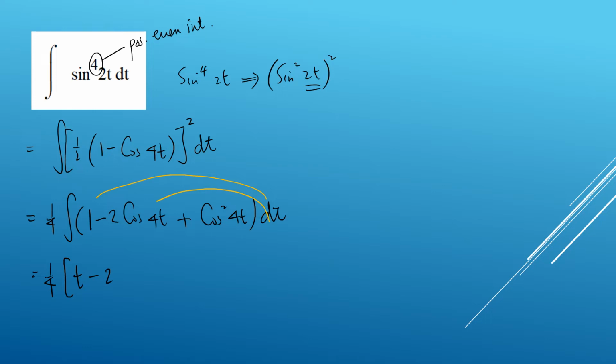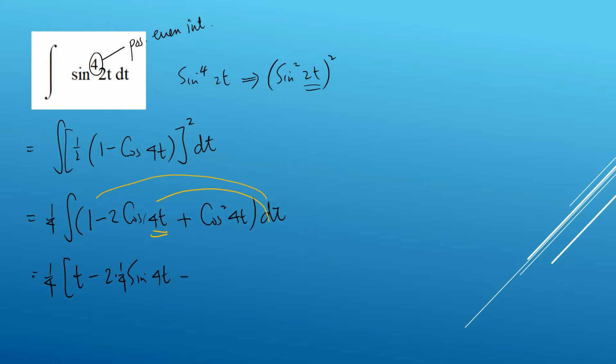The integral of cosine is sine of 4t times 1/4. Why 1/4? Because of the derivative of 4t, which is 4. So the differential is 4 dt. That is why 1/4 figures out in the answer.